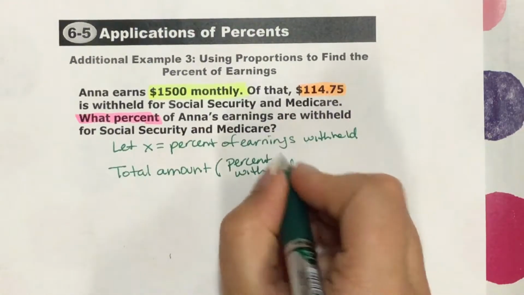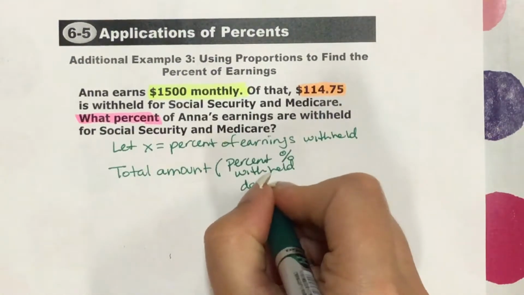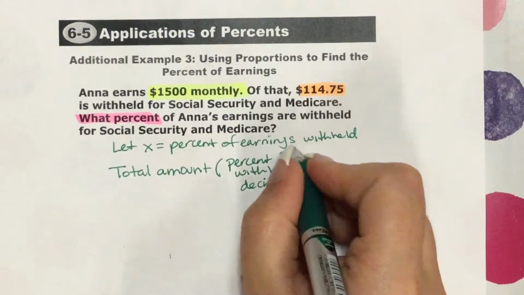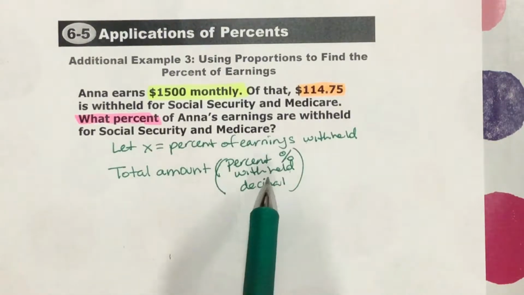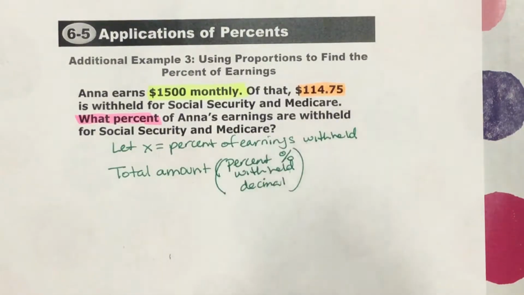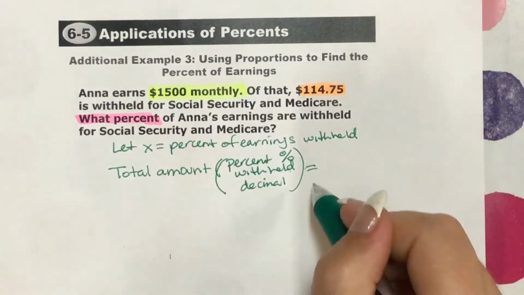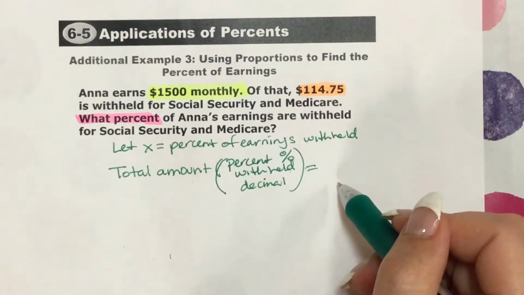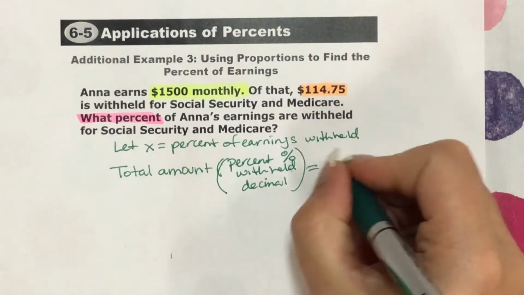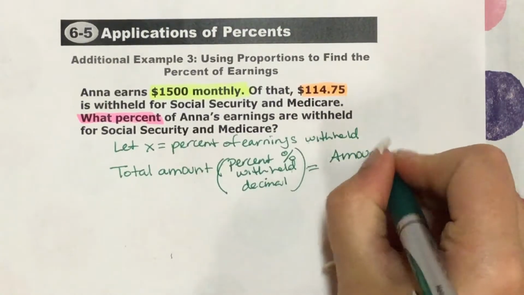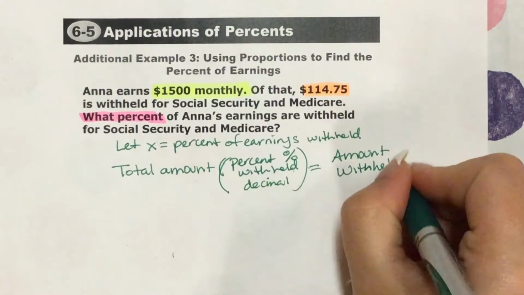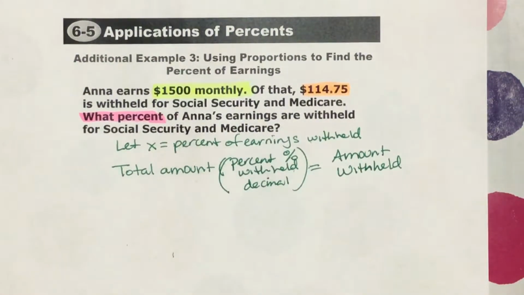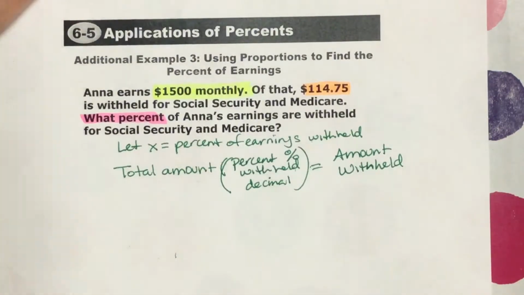It's really just like sales tax, right? With sales tax, you had the total amount, you multiplied it by the percentage in the form of the decimal, and then you ended up with the tax. Now we're not calling it tax, we are calling it the amount withheld. But it's really the same type of concept. So if you can understand this concept and how to set it up, then that's going to help you out.